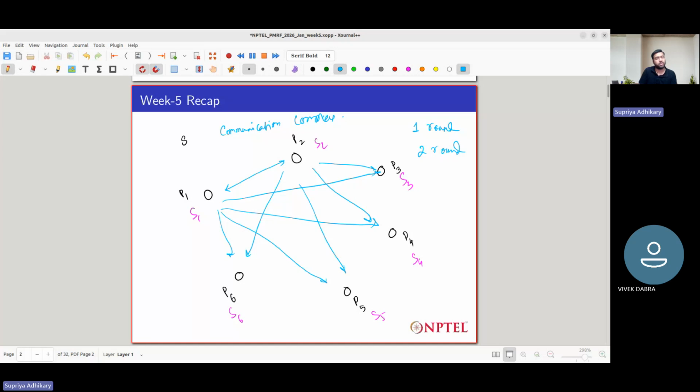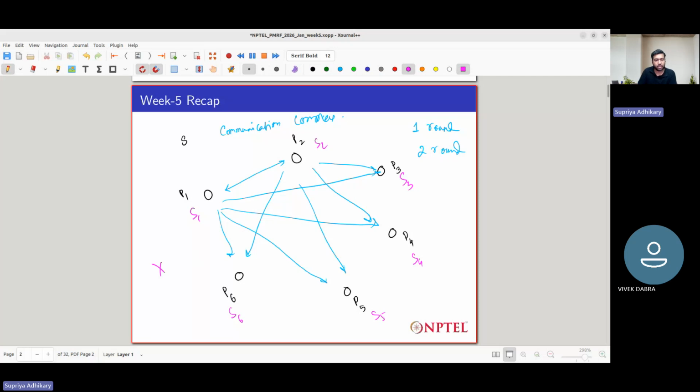Let's say each of the shares has size X, where X is basically the log of Q, and Q is the group that we're considering, like ZQ or something like that. So X is the size of each of the shares.